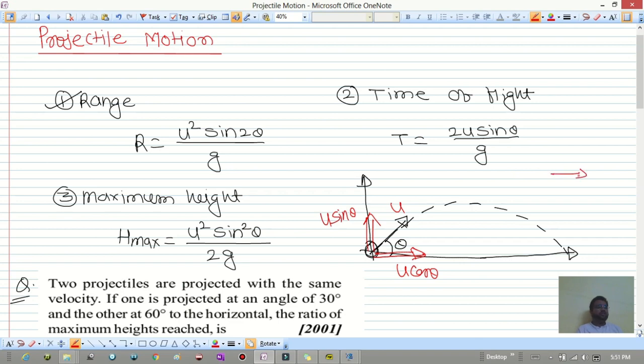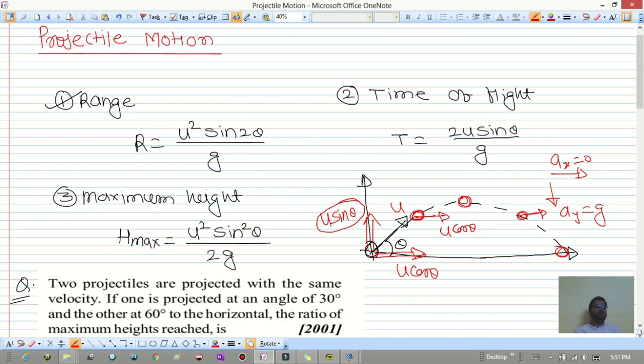In the horizontal direction there is no acceleration, but in the vertical direction there is an acceleration equal to g in the downward direction. That is the reason u sin theta will decrease till the maximum height, and after that it will increase till the ground. If I ask what is the horizontal velocity, you have to say it is u cos theta, because there is no acceleration in the horizontal direction.